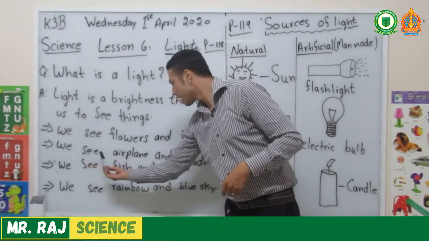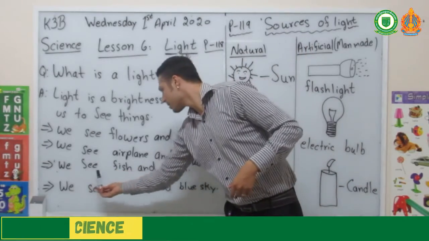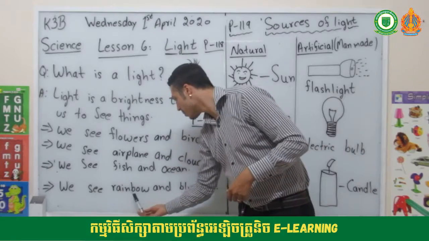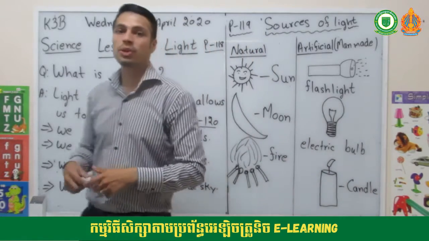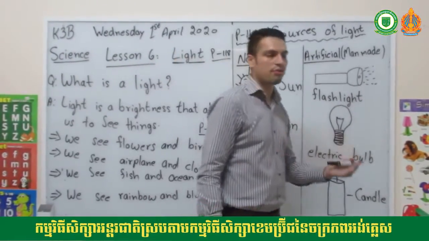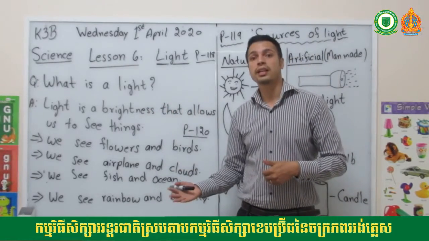Next we see airplane and clouds. We see fish and ocean. We see rainbow and blue sky. With the help of light we see things. We see this marker, we see people, we see food. So that is a light that allows us to see things.